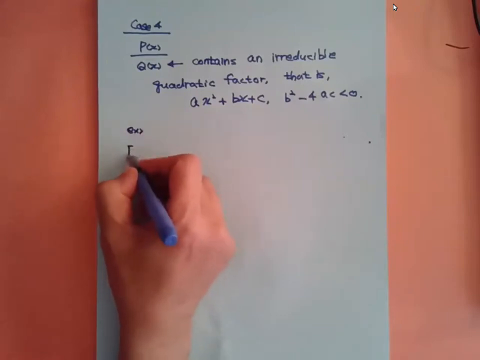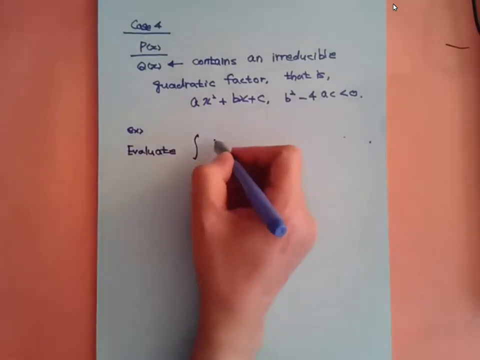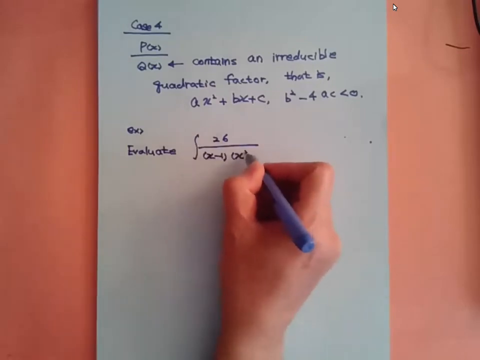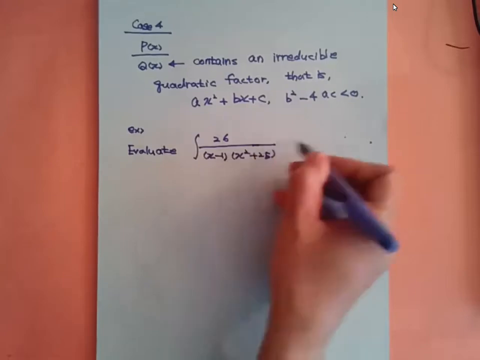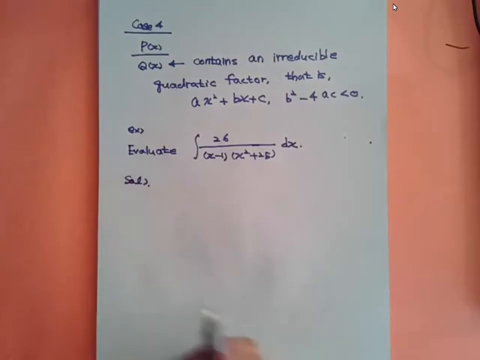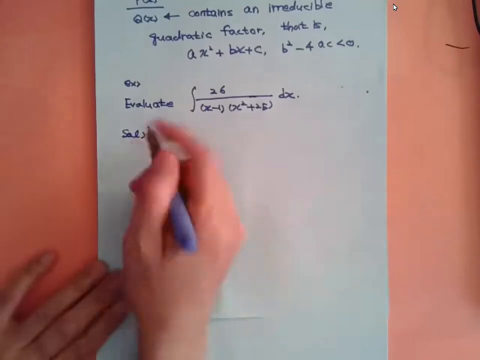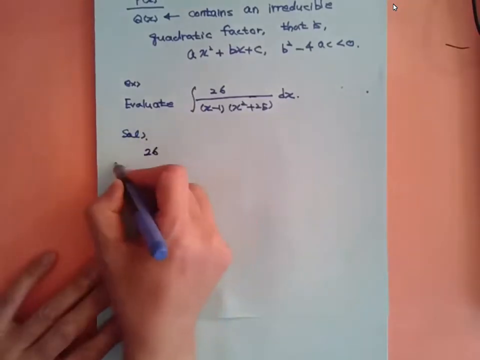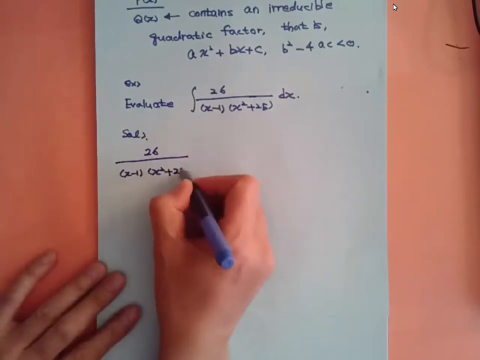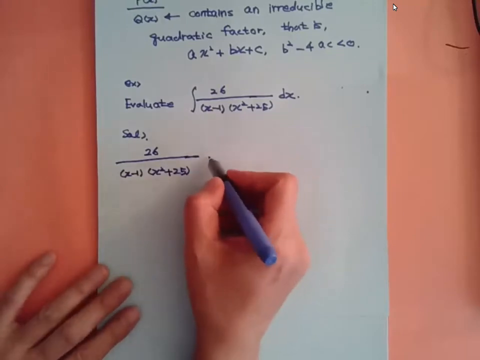Let's do the example. We want to evaluate the integral of 26 over x minus 1 times x squared plus 25 dx. The fraction will be broken into two pieces.